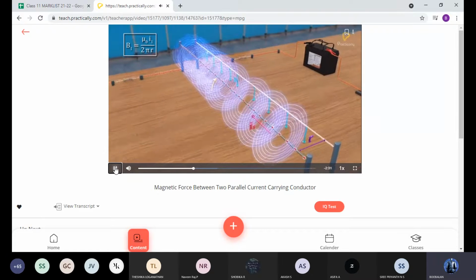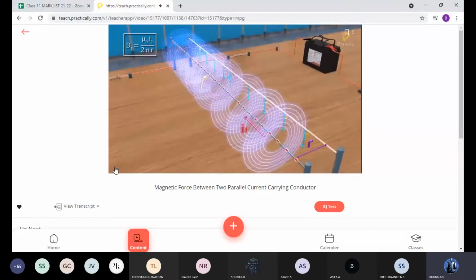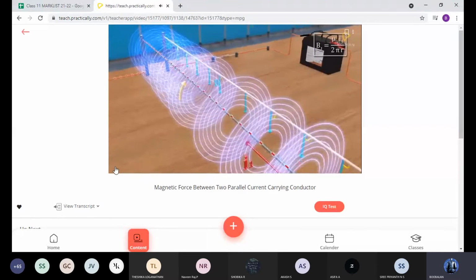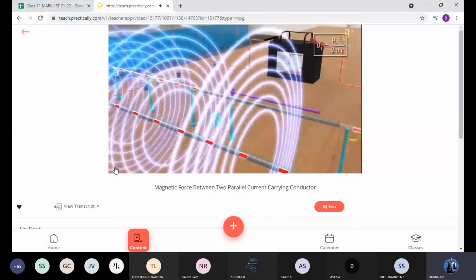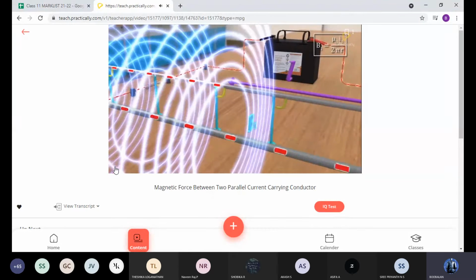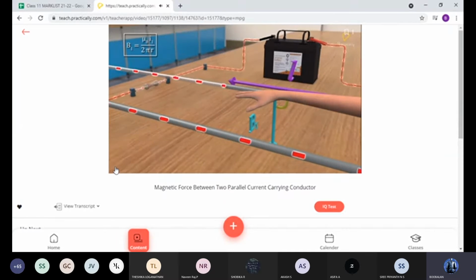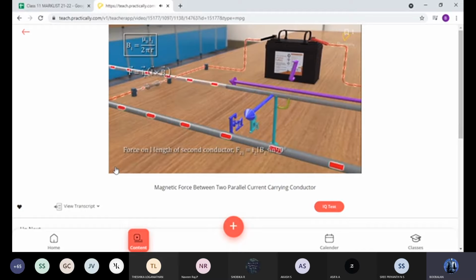To the second conductor at any point on it. Consider a finite section of length L on the second conductor. Magnetic force on this section is I2 L cross B1, whose magnitude is I2 L B1 sine 90.